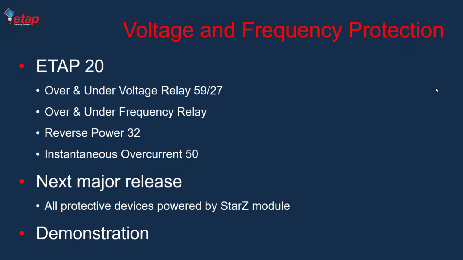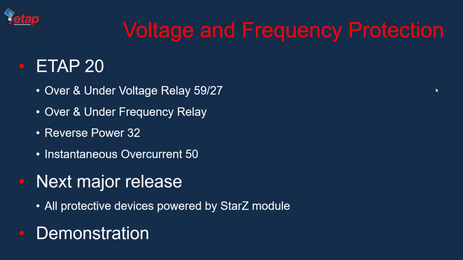In the case of interconnection studies, the other aspect is to do voltage and frequency protection during the transient stability analysis. In ETAP 20 or even earlier versions, we support over and under voltage relays, over and under frequency relays, and also reverse power and instantaneous overcurrent.